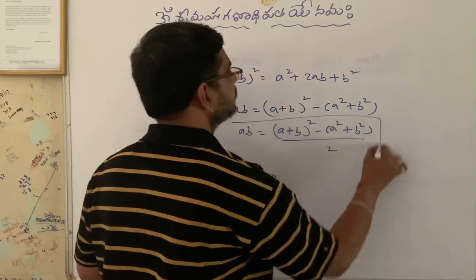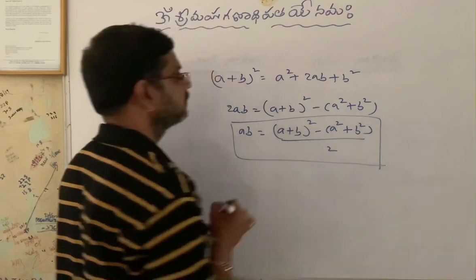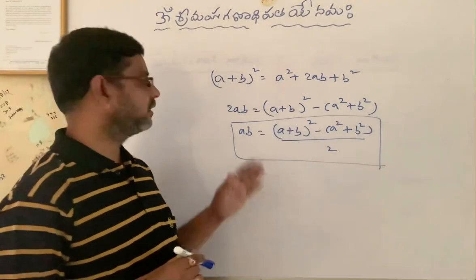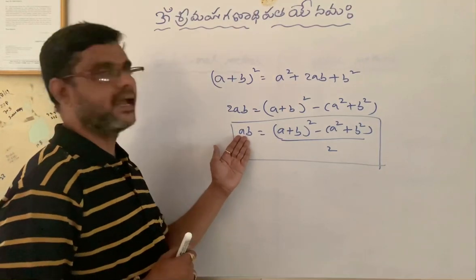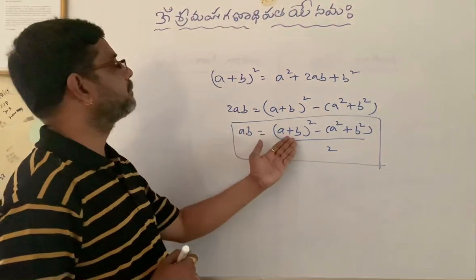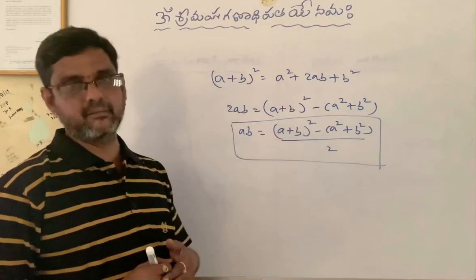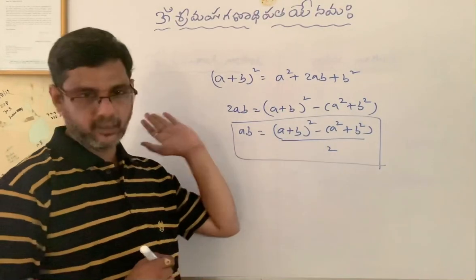This is one part. It means we can calculate the ab value when we know the a plus b value and the a square plus b square value by using this formula.